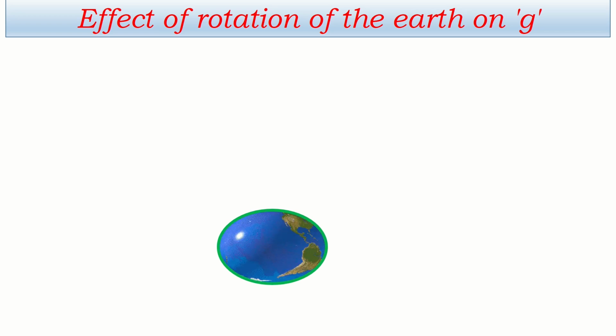This centrifugal force acts on each and every object lying on the surface of the earth, and tends to move the body away from the earth. On the other side, gravity pulls the body towards its center. It means centrifugal force is acting against the gravity of the earth. Because of this force, the gravity is reduced, and due to the reduction of gravity, the acceleration produced due to this gravity will also be less.